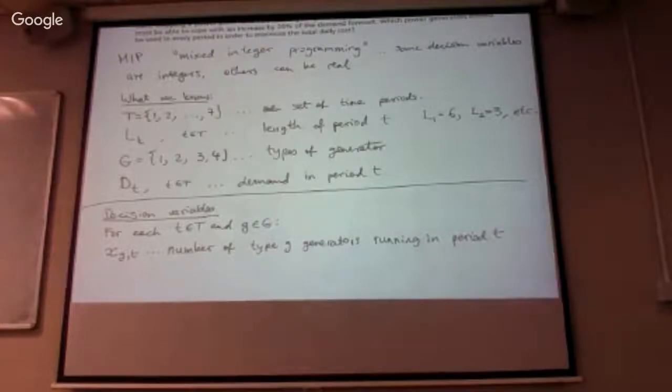Okay. Do you have anything else? The increase in output for type G generator at time T, again subscript GT. Possibly output.